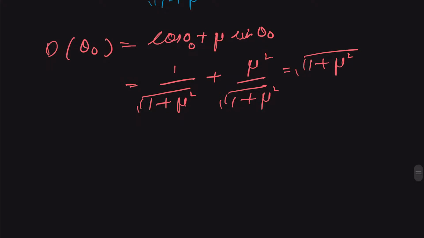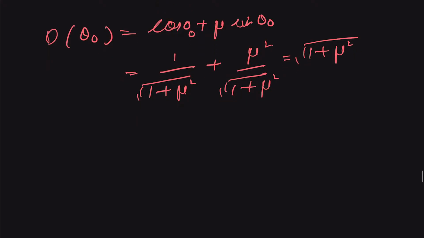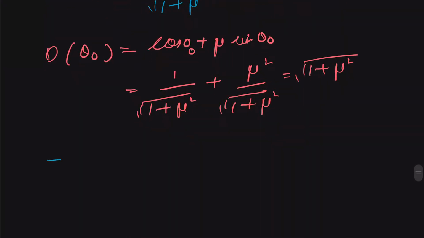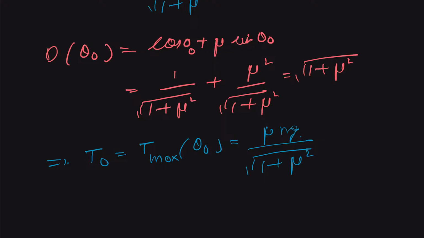Therefore we can say that our T naught, which is the minimum tension at θ naught, will be equal to μ mg over the square root of 1 plus μ squared. And we can also find our r naught now.